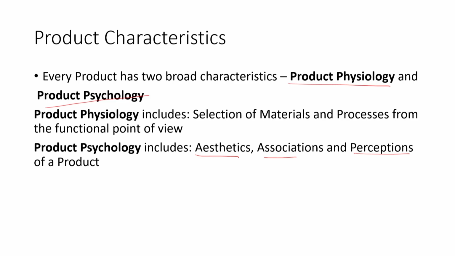Well, what does the association mean? Well, a product must give some association with respect to, let us say, the luxury of a product. Okay? So, even though the product is a pen, I will give you two examples.